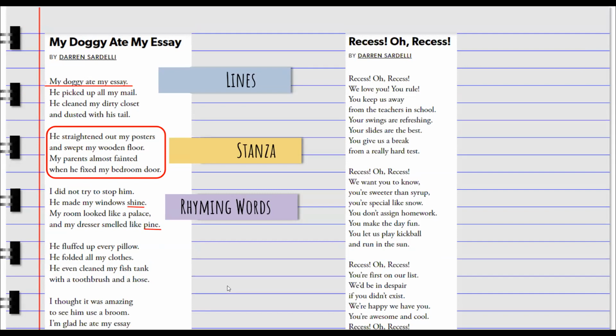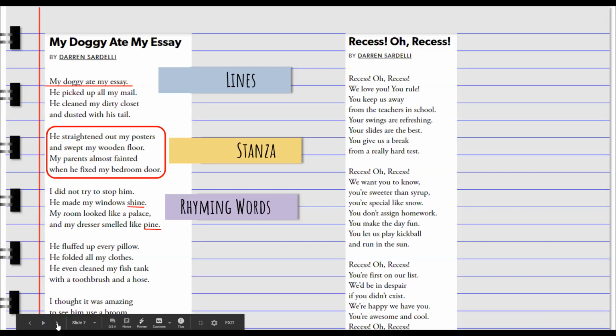You don't assign homework, you make the day fun. You let us play kickball and run in the sun. Recess, oh recess, you're the first on our list. We'd be in despair if you didn't exist. We're happy we have you. You're awesome and cool. Recess, oh recess, we love you, you rule.